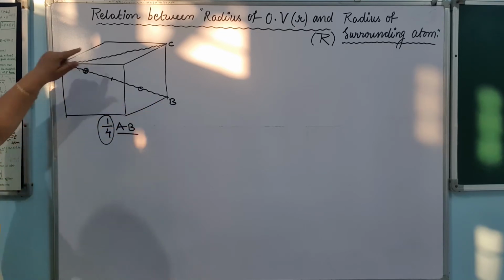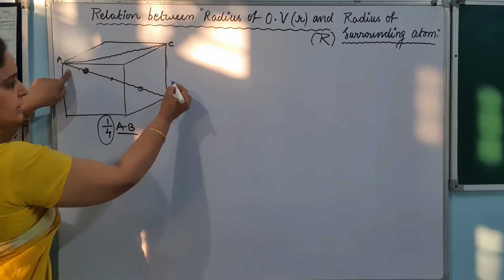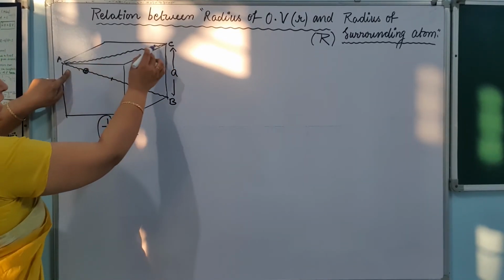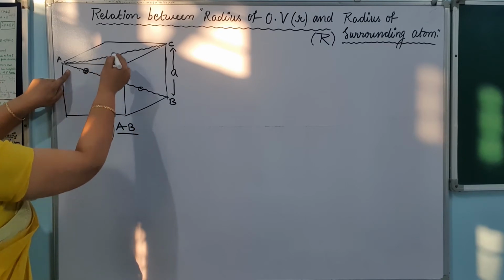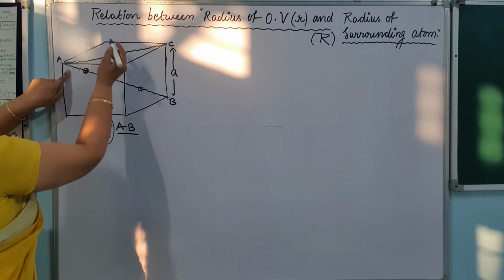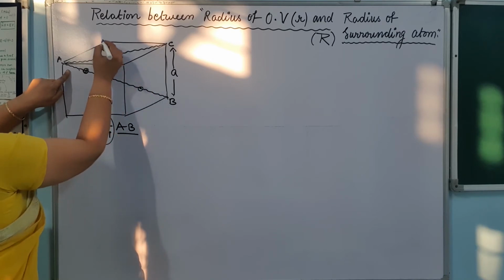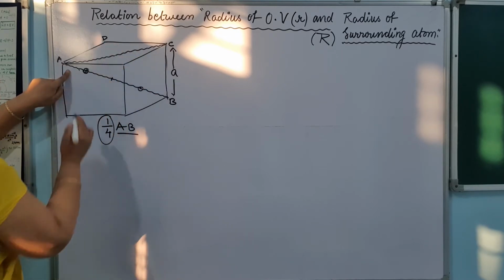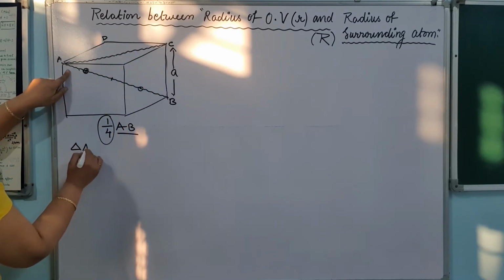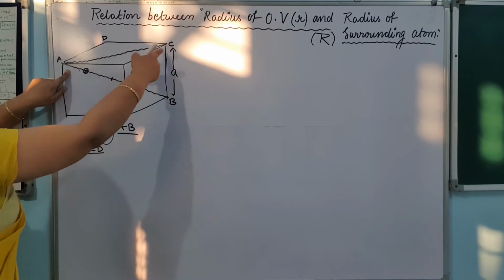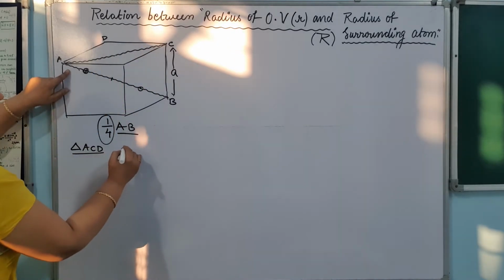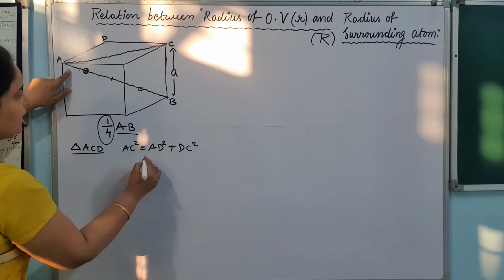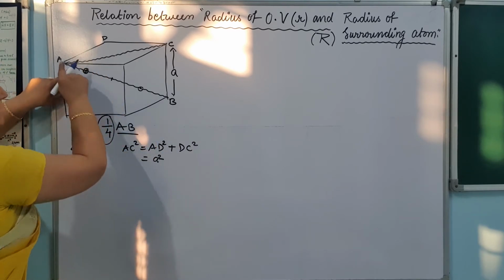How will we find AB? For AB we need AC, and this A we already know, this is the edge of the unit cell, remember? There is one triangle here and two of the lengths are unknown, so we have to create one more triangle. Taking A, C and D, in triangle ACD, AC square will be equal to AD square plus DC square. AD square is edge square, because this is the edge of the unit cell.